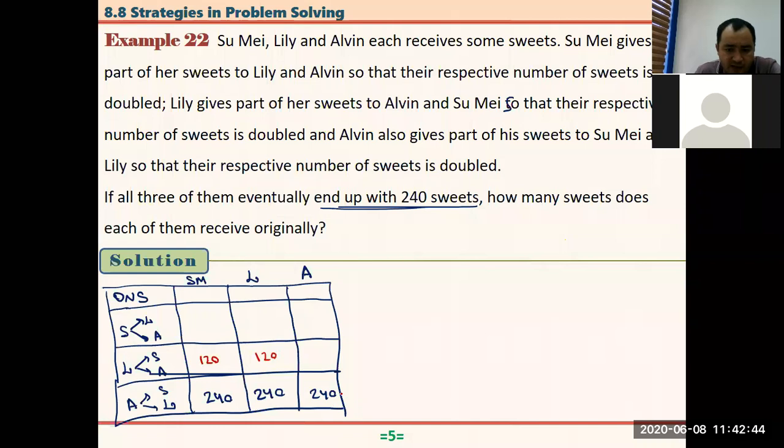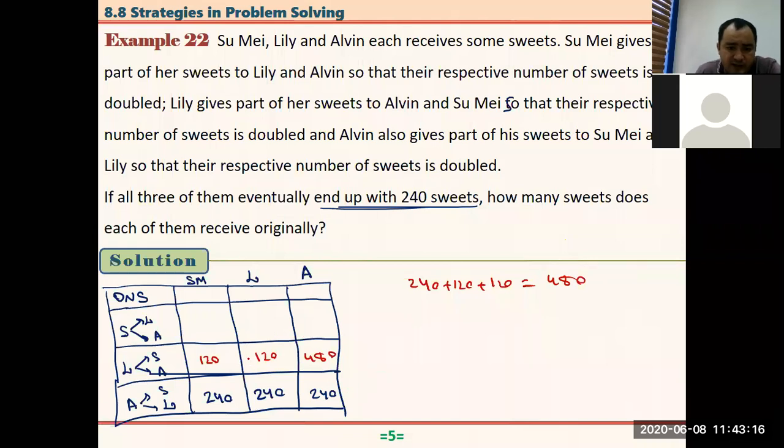But now Alvin has 240 after giving 120 to this girl and 120 to this girl. So before giving away his candies, Alvin had 240 plus 120 plus 120, that is 480. Before this, Alvin had 480 candies.